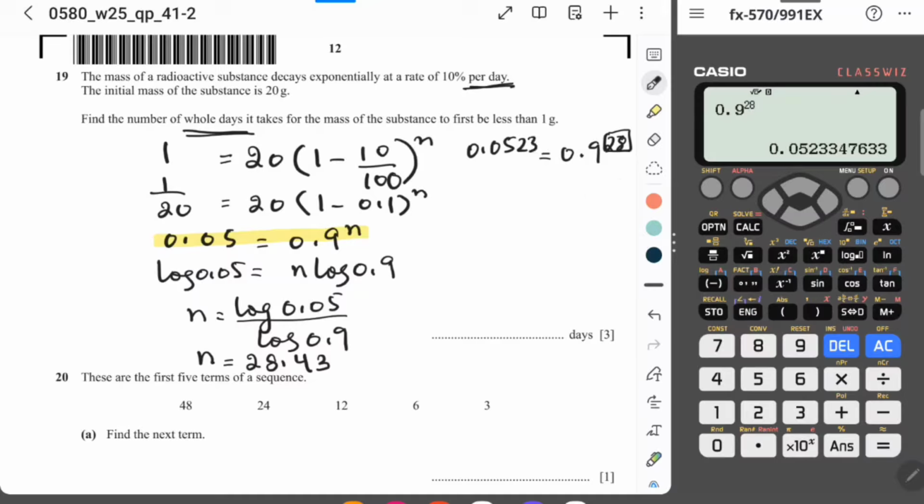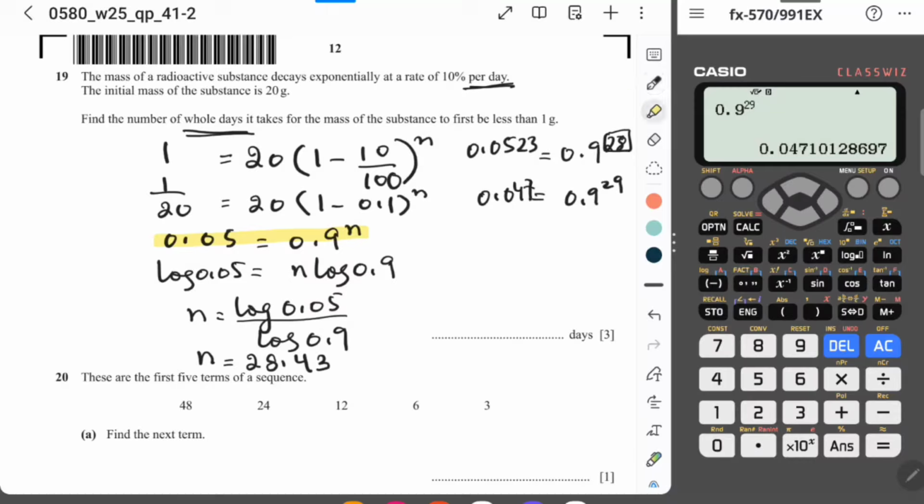If you don't use the log method, you can skip the numbers and try values of n, then pick whichever satisfies your equation. Now I'm checking with 29: 0.9 to the power of 29 becomes 0.047.